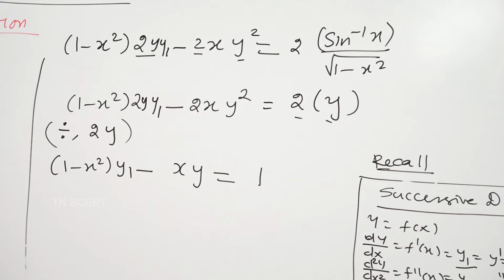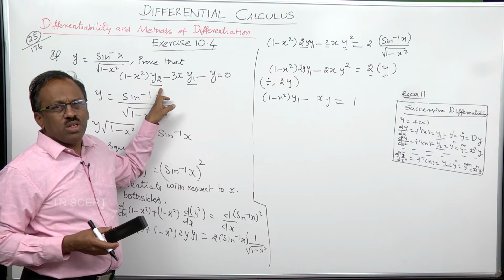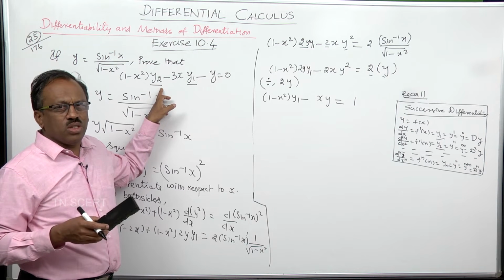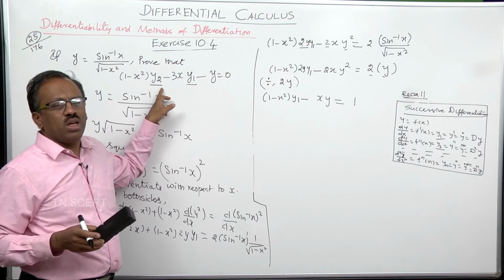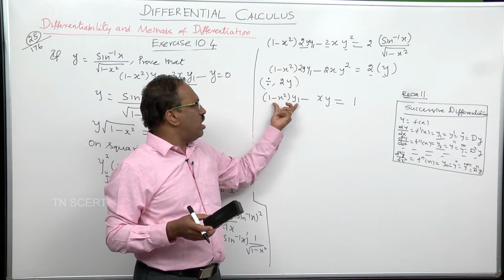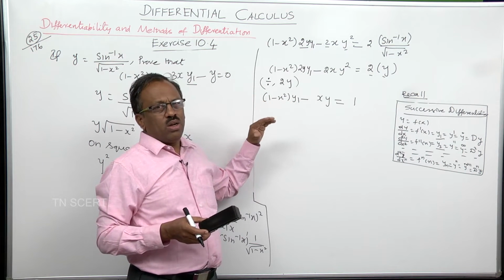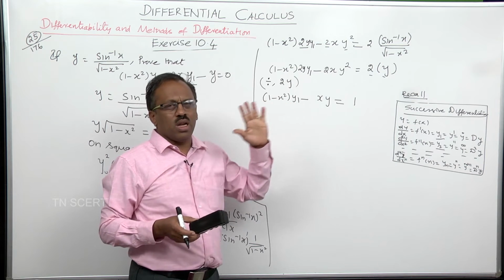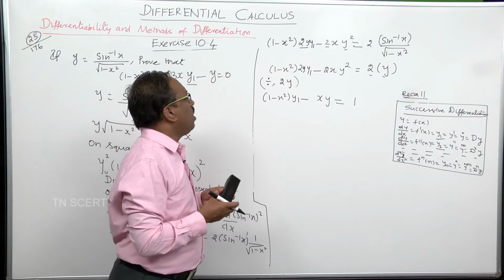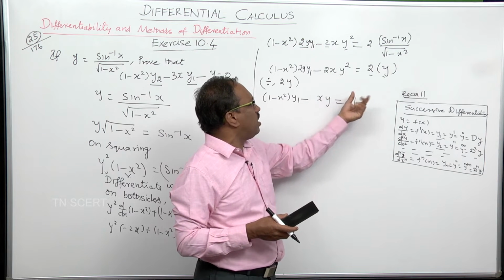Now once again you have to differentiate, because the problem is successive differentiation, second time we have to differentiate. That means this is the derivative of 2 times. So first time only we have done. So do the process again, continue to do that.